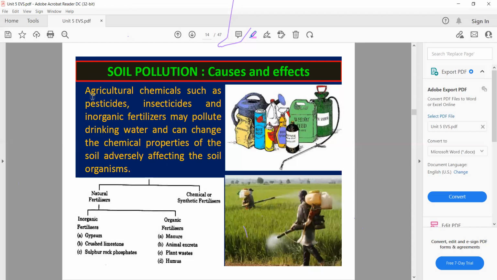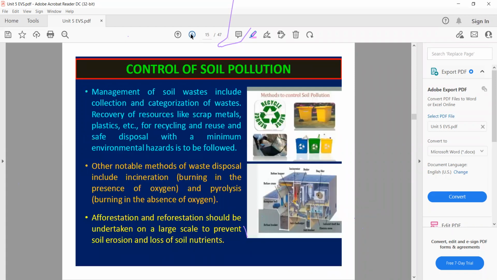Agricultural chemicals such as pesticides, insecticides, and fertilizers may pollute drinking water and can change the chemical properties of soil, adversely affecting the soil organisms. This part is just for your knowledge: the segregation of fertilizers into two types, chemical and natural. You don't need to learn this. You don't have to learn so much. Just know what it is. That's all.